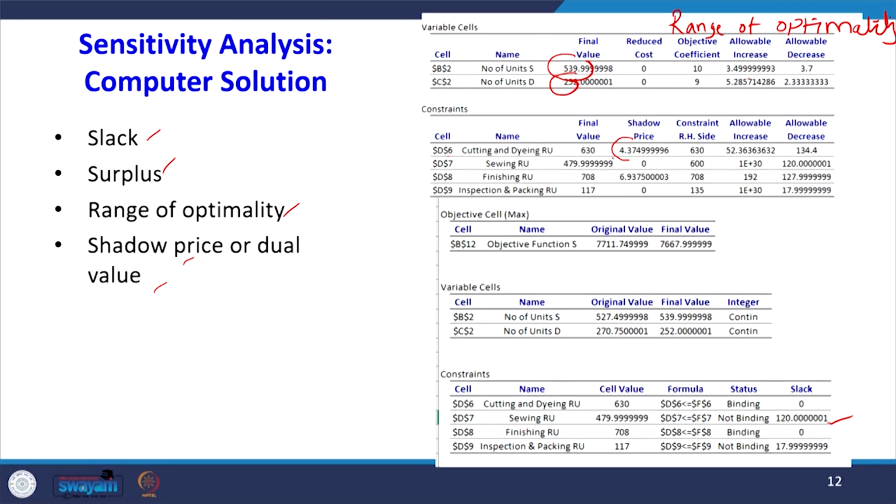The value of shadow price is applicable only for binding constraints. For non-binding constraints, the value of the dual value is 0. Okay. Here also the right hand side of the constraint can be increased by 52.36 and decreased by 134 without affecting the shadow price. This is called range of feasibility. The first one is called range of optimality, this is called range of feasibility.